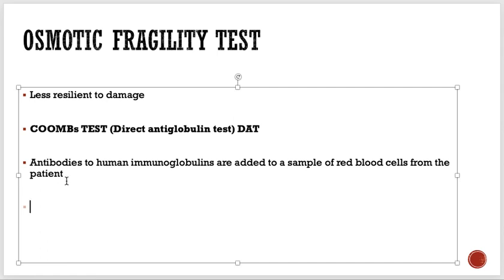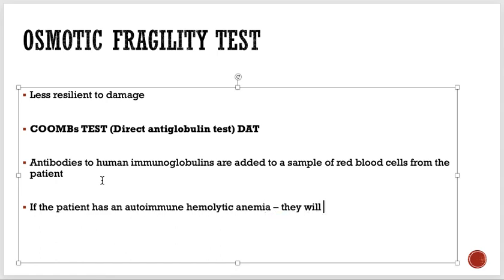So when we add the antibodies to them, what will happen? They are going to agglutinate. So simply, if the patient has autoimmune hemolytic anemia, they will agglutinate. Now guys, this concept is very important, by the way.